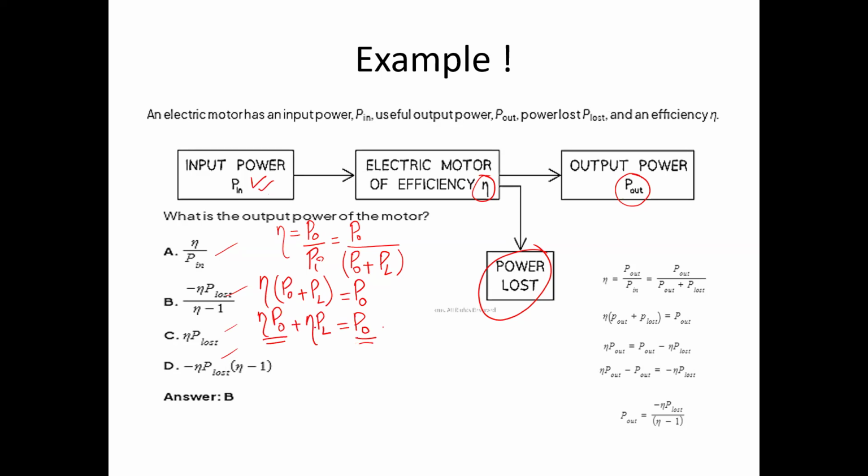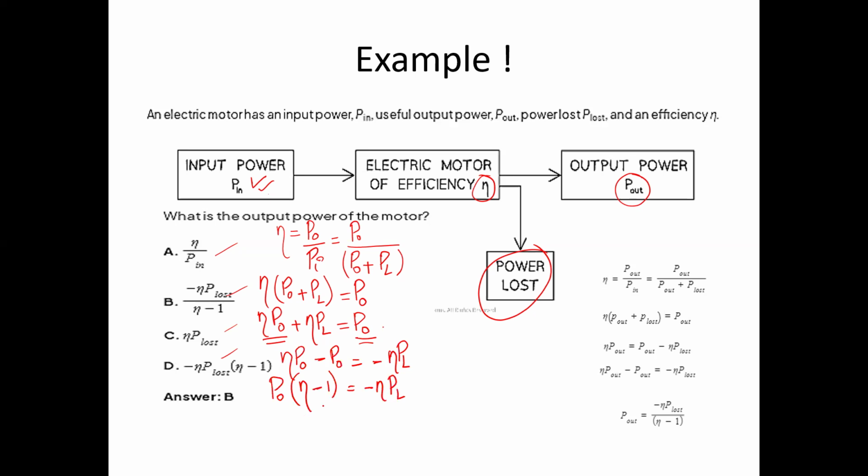So I am taking this output power to the left: efficiency into output power minus output power will be equal to negative of efficiency into lost power. So when output power is taken as common, we get efficiency minus 1, equal to negative of efficiency into the lost power.